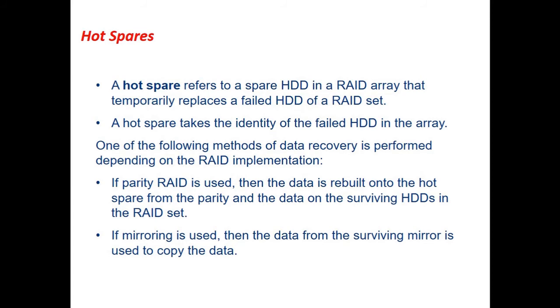So if parity RAID is implemented, then data is rebuilt onto this newly introduced hot spare from the parity and the data on the surviving hard disks in the RAID set. If mirroring is used, then the data from the surviving mirror is used to copy the data. So in both cases, the hot spare will contain the data that was earlier present in the failed hard disk drive.